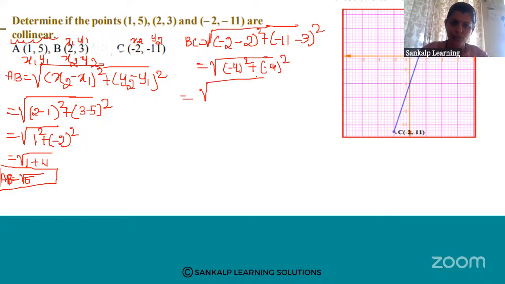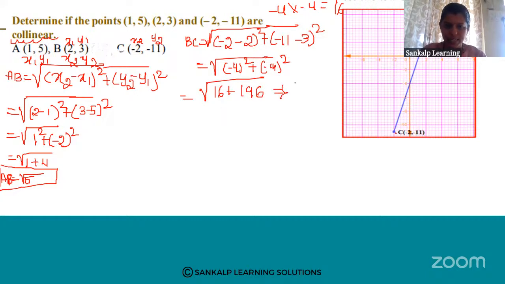Now, minus 4 square is minus 4 into minus 4. So, minus into minus plus, 4 into 4 is 16. That is 16 you will get, plus minus 14 square. 14 square is 196, minus into minus plus.